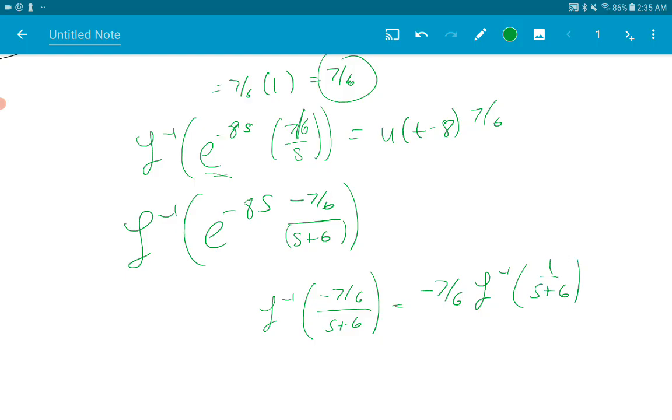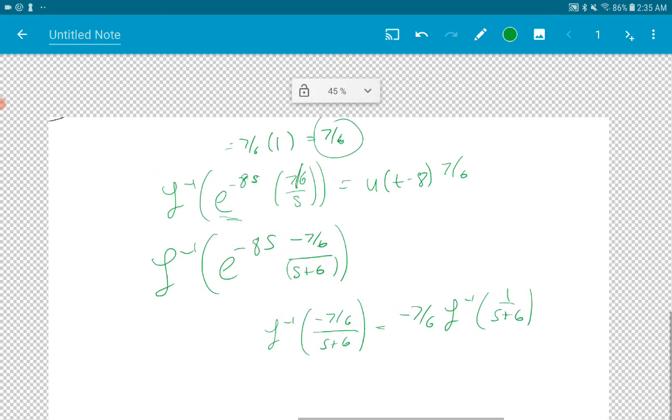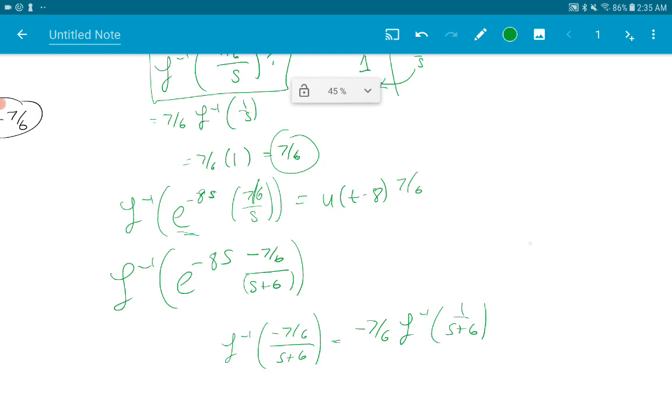What would that be? I don't know if you remember, but if you looked at the table, f and L of f, one of the entries down there was e to the at, and it was 1 over s minus a. That's the one that looks like this. What would a have to be so that you get s plus 6 here, whereas this table says s minus a?